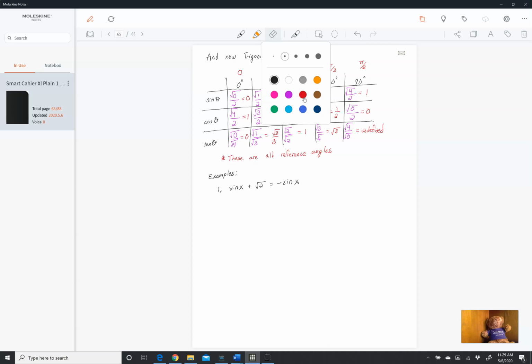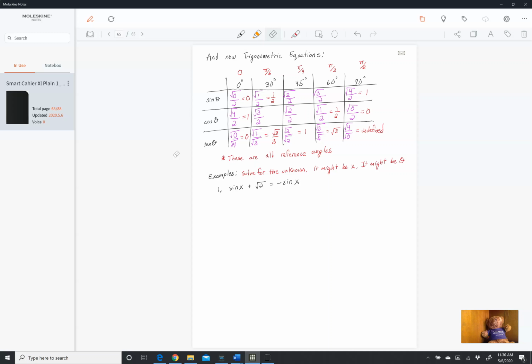So I'm going to say solve for the unknown, but it might be x. It might be theta, or it might be something else altogether, but it's whatever your unknown is.